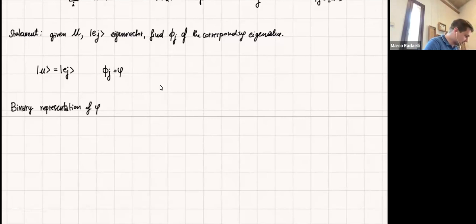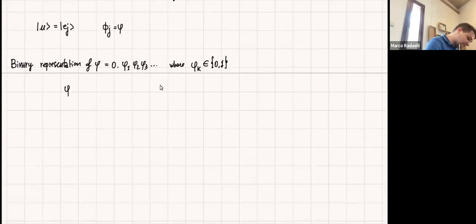This will be something like 0 point phi 1, phi 2, phi 3, where every phi k belongs to the set 0, 1. It's a binary digit. Furthermore, we can write phi as the sum over k of phi k times 2 to the minus k. This is just like a decimal representation, but done in binary.